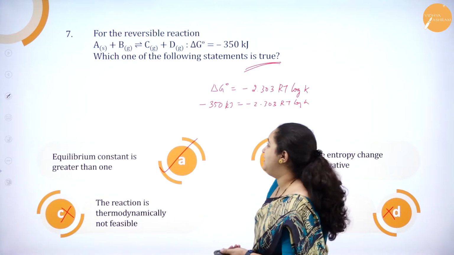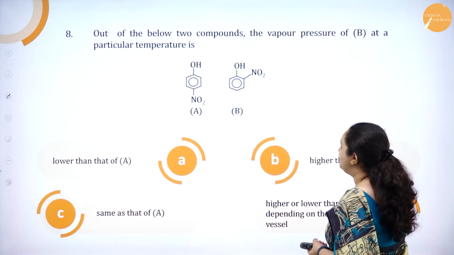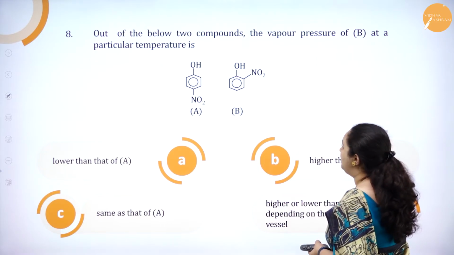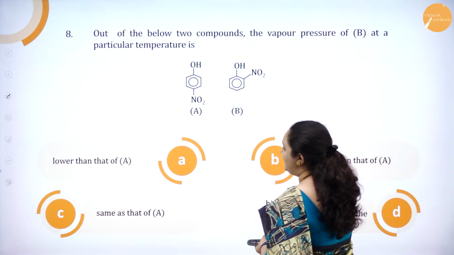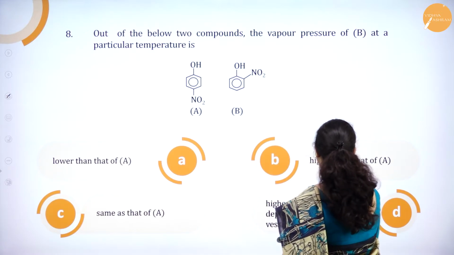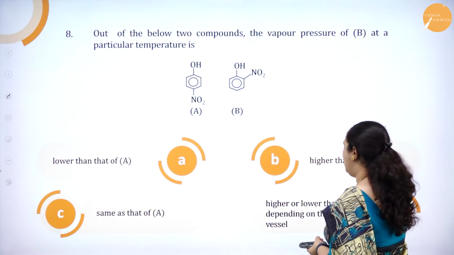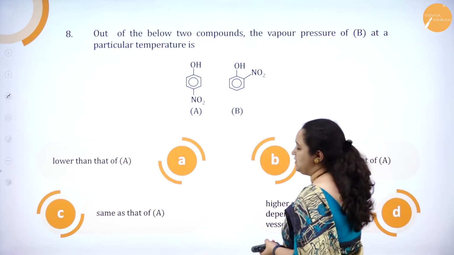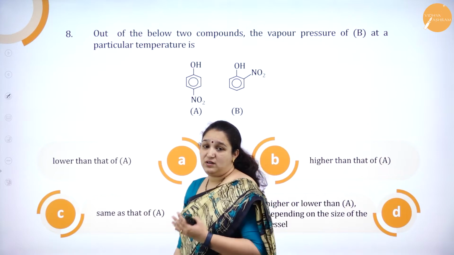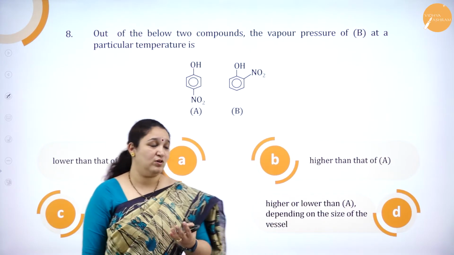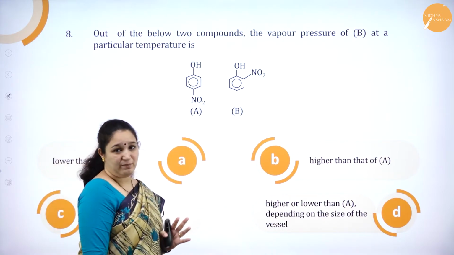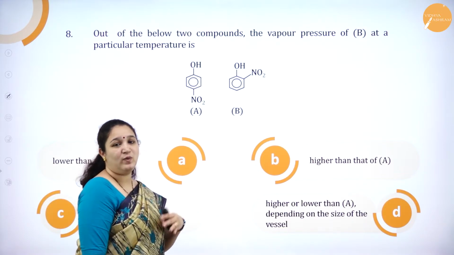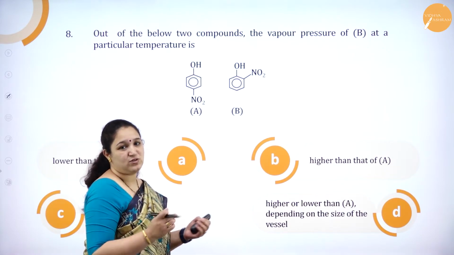Okay. We'll see the next question. Out of the below two compounds, the vapor pressure of B at a particular temperature is: lower than that of A, higher than that of A, same as that of A, or higher or lower than A depending on the size of the vessel. So here the vapor pressure of the two, A and B, is compared. B is compared to that of A, whether it is higher, lower or same, or it depends on the size of the vessel.